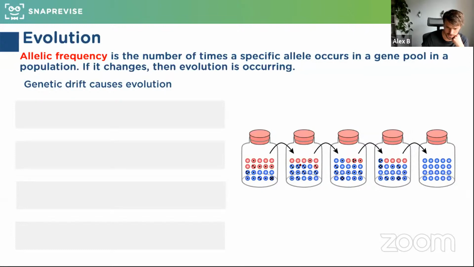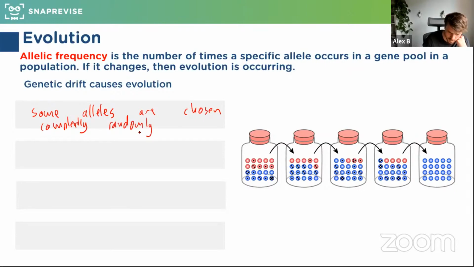So, let's put some things down. Some alleles are chosen completely randomly. These will get passed on to the next generation.